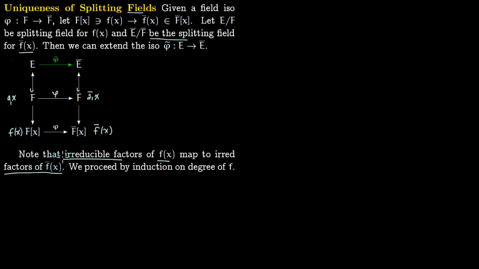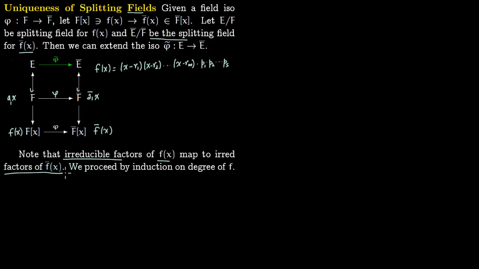This we have shown in the lecture on field monomorphisms. So f of x looks something like this: some bunch of linear factors (x minus r1) times (x minus r2) all the way to (x minus rm), and then multiplied with some irreducible factors p1, p2, all the way to ps.